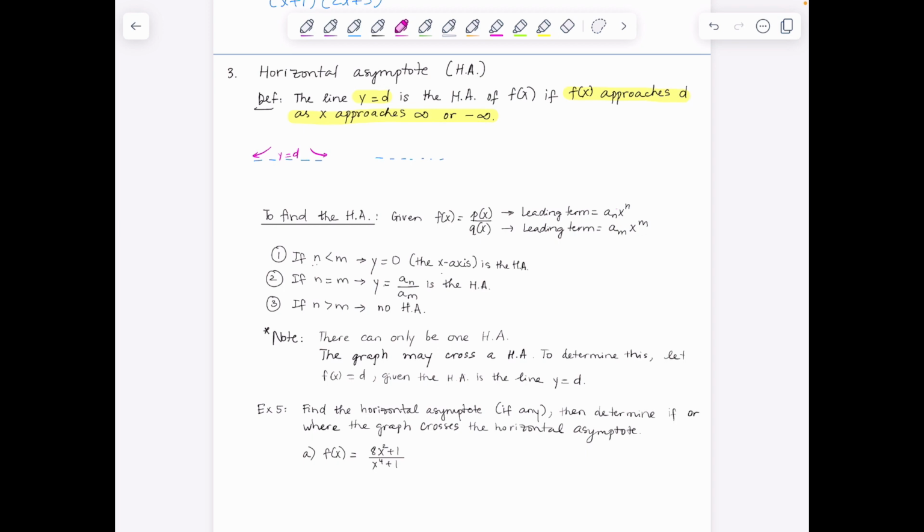Second scenario, where again x is approaching negative infinity and x is approaching positive infinity as the function f of x is approaching that horizontal line y is equal to d. But this is all happening below the horizontal line.